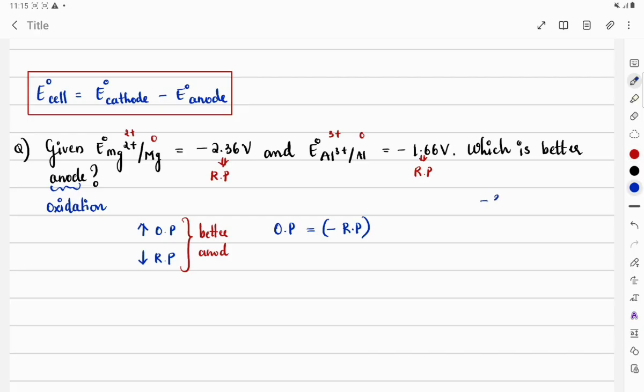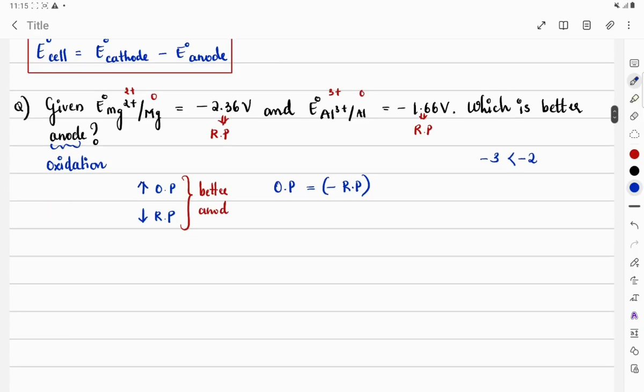We know that -3 is obviously smaller than -2. We are using the same convention here, which means we consider minus 2.36 volt as a smaller value than minus 1.66, so this is the smaller reduction potential value.